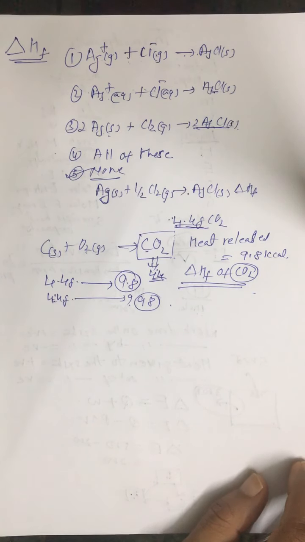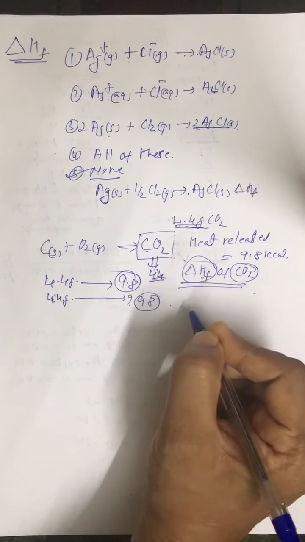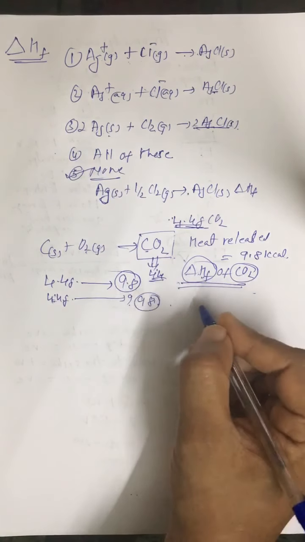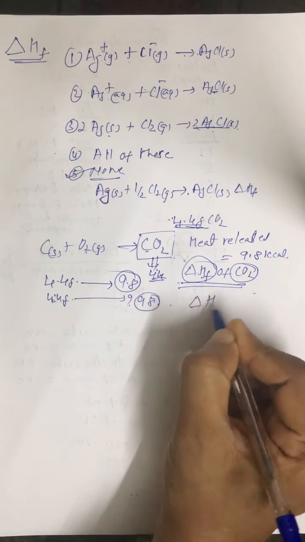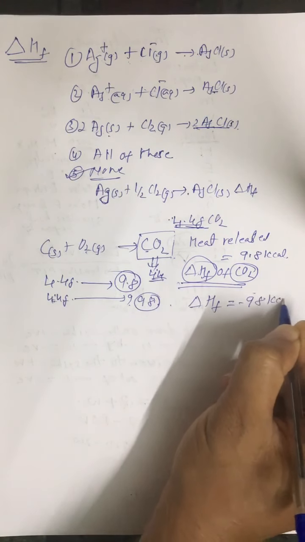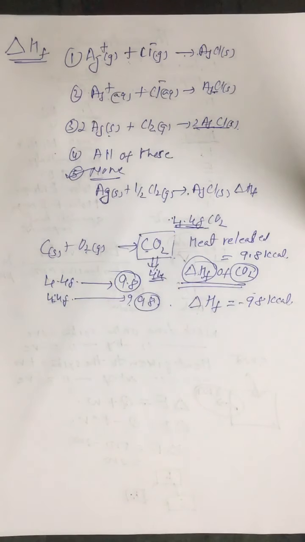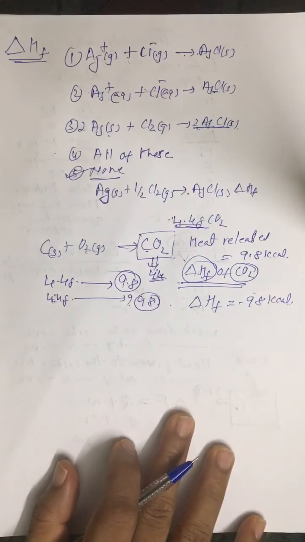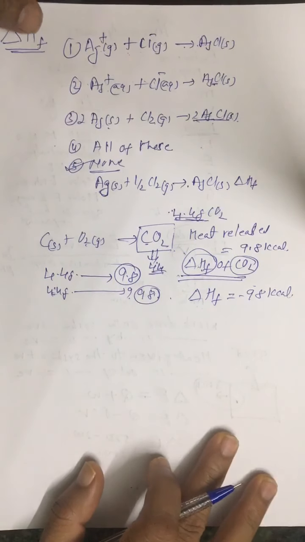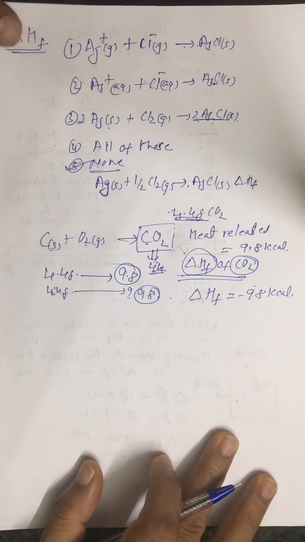But we are asked delta H, and in terms of enthalpy, the heat released becomes negative. Delta HF is minus 98 kilocalories. So you should be careful: heat released is always positive. This kind of question you may expect.